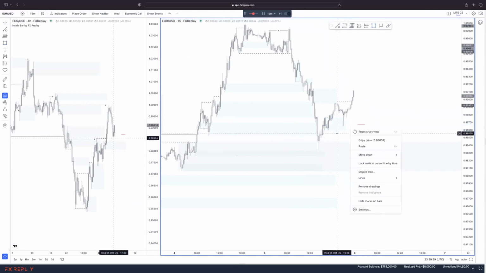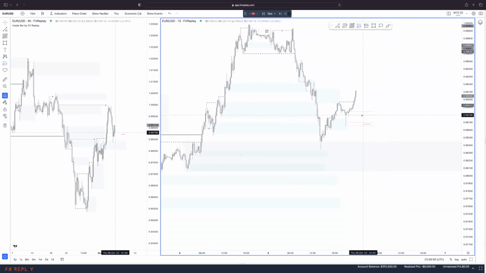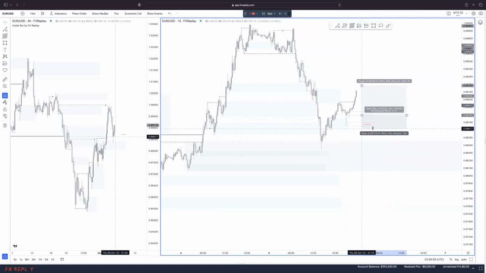Just draw these on. Yeah, so could look for an entry here. No real obvious engulf candle within it. Not ideal, but we'll just take the extreme.